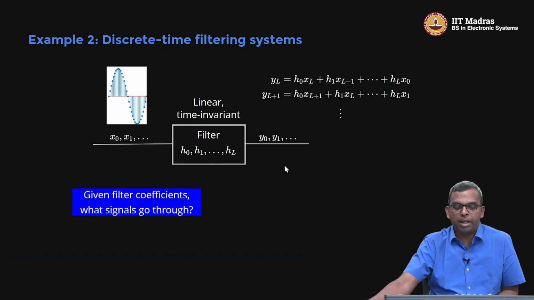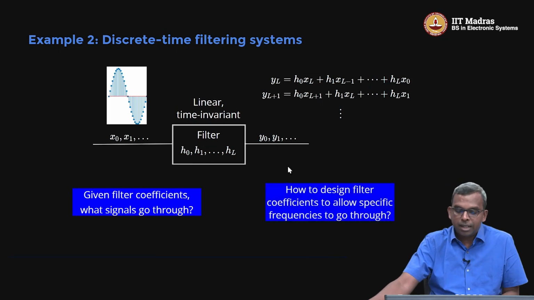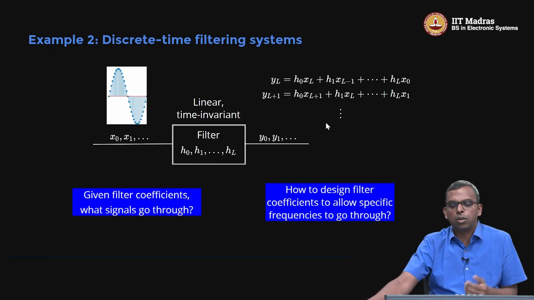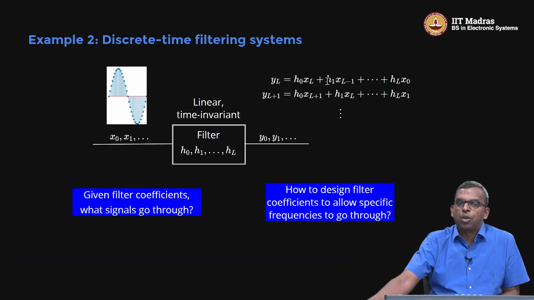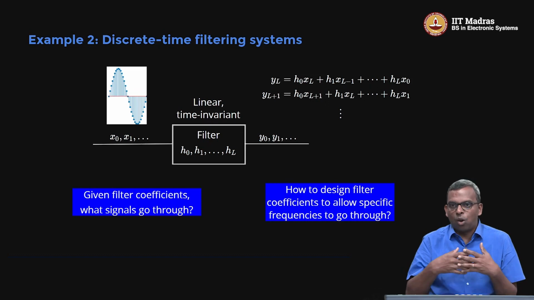All these things may happen, depending on the filter coefficients. So, given these coefficients, what will be the input-output relationship? This is an interesting question to ask. Another interesting question is, how do you design these filter coefficients so that only specific frequencies of sine waves will go through? You may ask that question also, and that also needs some sort of linear algebra analysis of these linear equations. So hopefully I have convinced you that these linear relationships are not very artificial, they occur all the time.